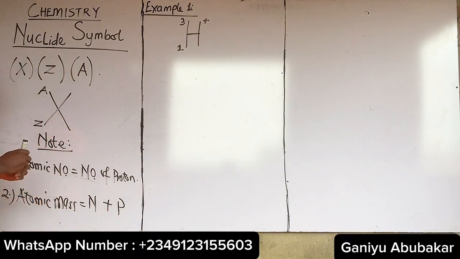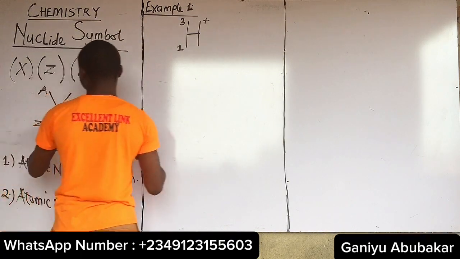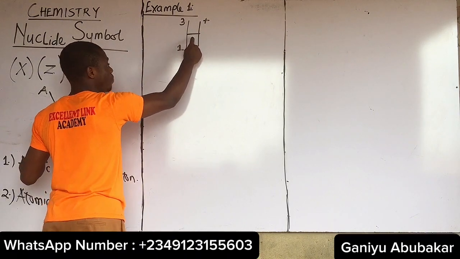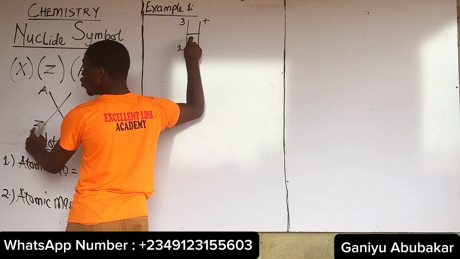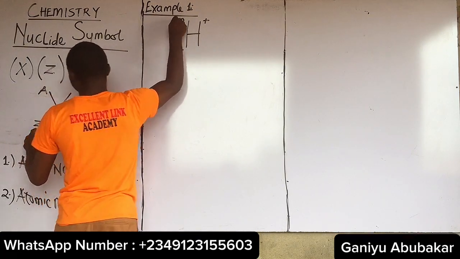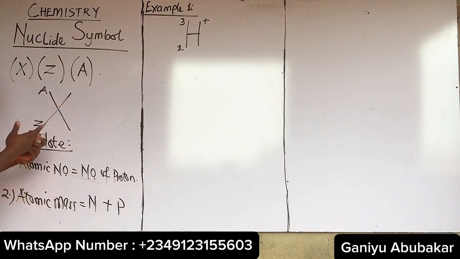Note that this X stands for the element, so I have the element hydrogen here. This Z stands for the atomic number, while A is the mass number, which is the weight of the element.